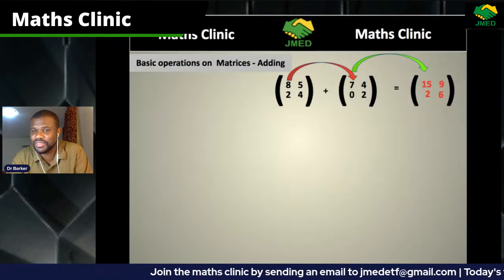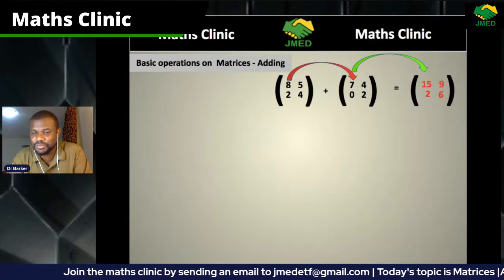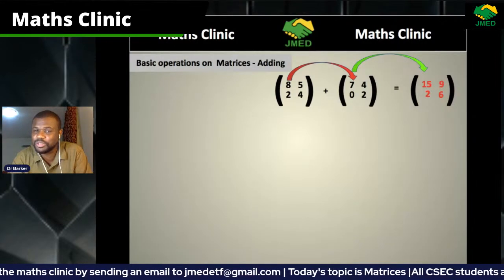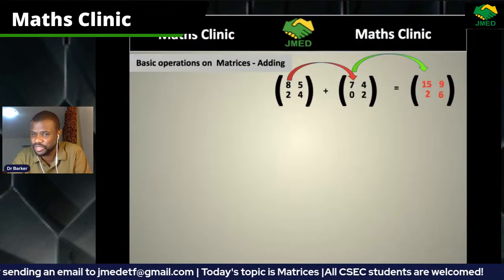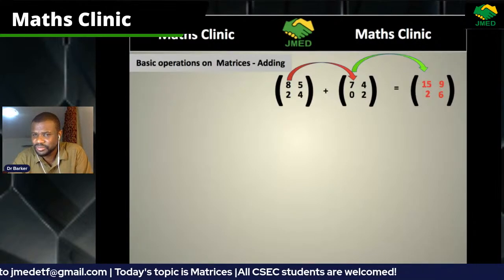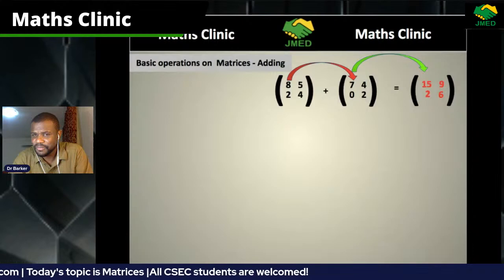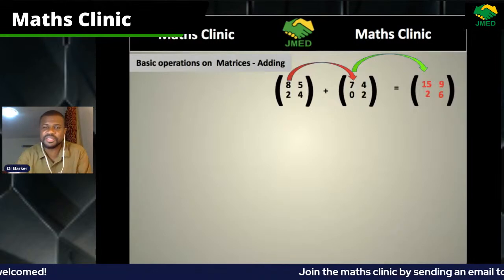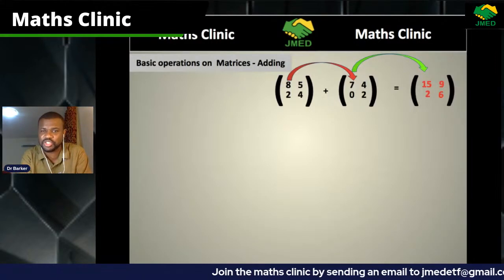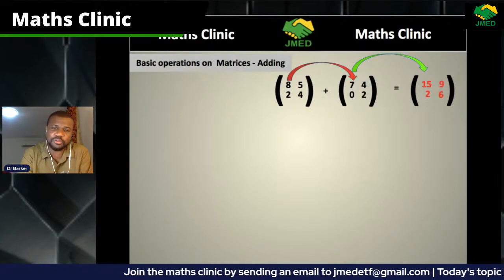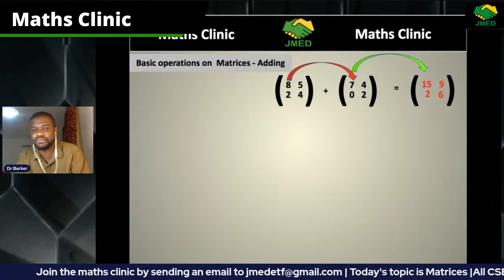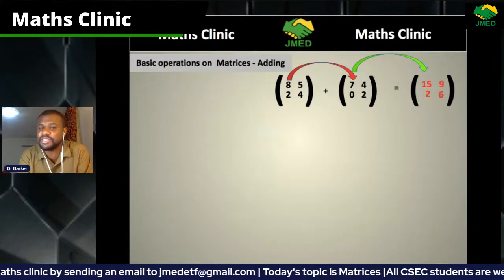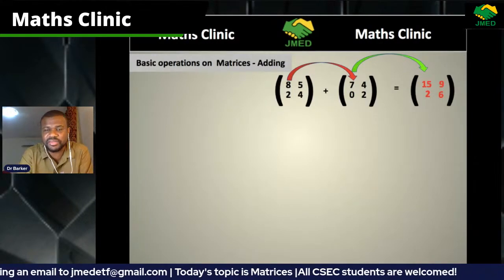If you're adding the corresponding elements in positions, it's not possible to do that if the matrices are two different types. Does that make sense? Because if they don't have corresponding positions, you cannot add them. So if it's a 3 by 2 to add to a 5 by 7, they cannot be added because you don't have the same positions to add into.